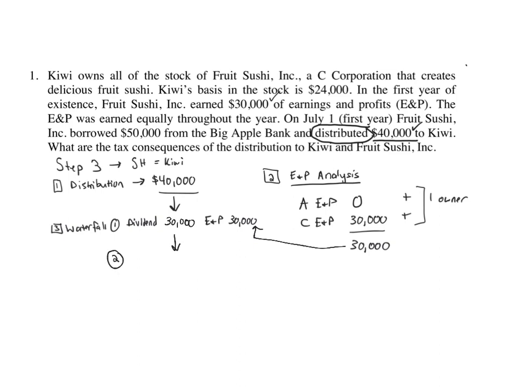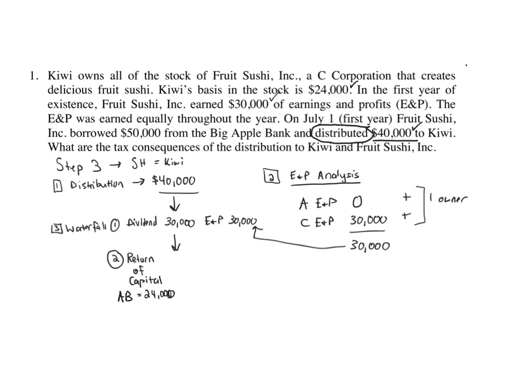Remember, the waterfall all needs to add up to the distribution. So the next level is return of capital. And for that, we need the adjusted basis. Adjusted basis given to us is 24,000.